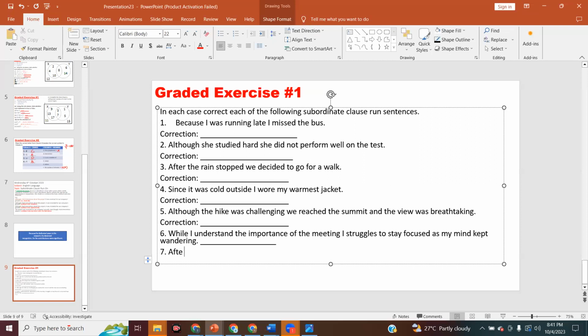After the storm passed, we went outside to assess the damage.